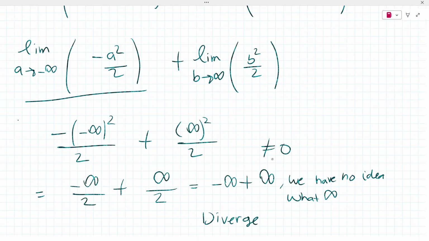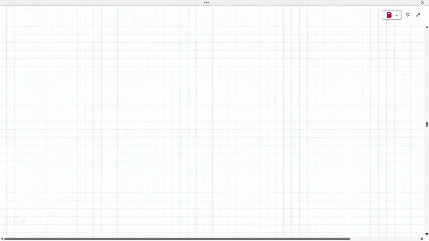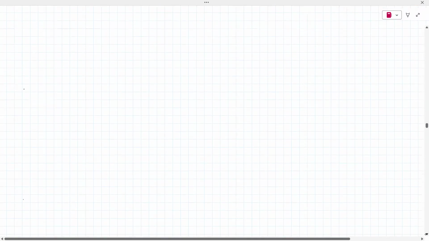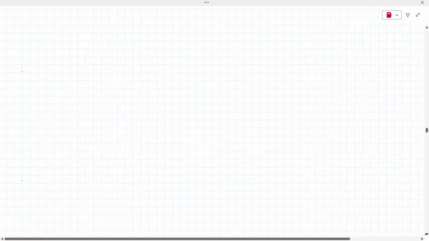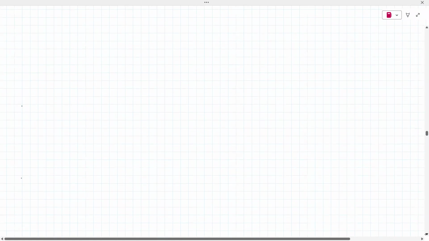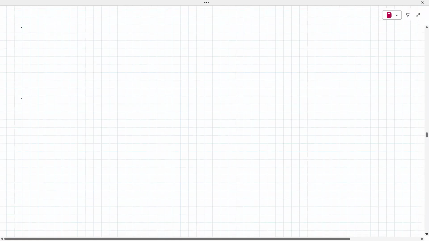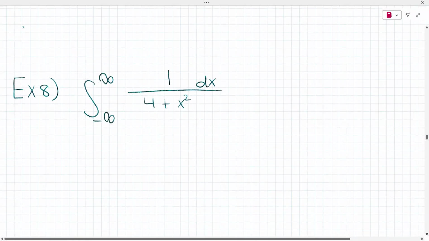Move on to example 8. We have the boundaries from negative infinity to positive infinity of 1 over 4 plus x squared dx.